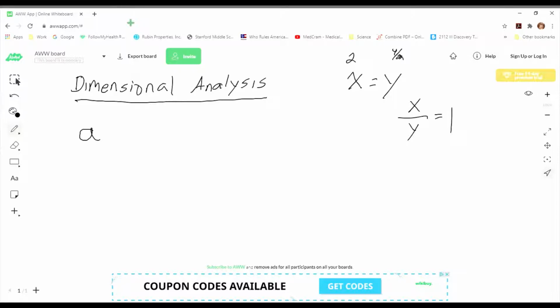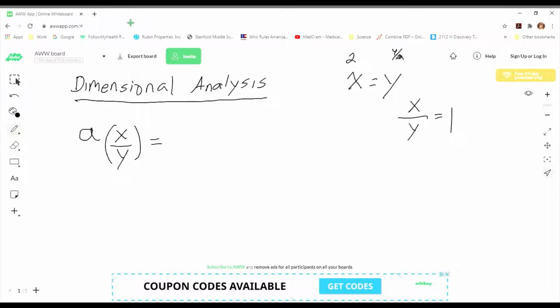And therefore, whenever you multiply any number by 1, you get the same number back. So x over y can be multiplied to any number because it's equal to 1. And when you multiply it to that number, it'll give you the same number back. So let's say I take a and multiply by x over y. Since x over y is equal to 1, it's like a times 1, so we're not changing the value of it.